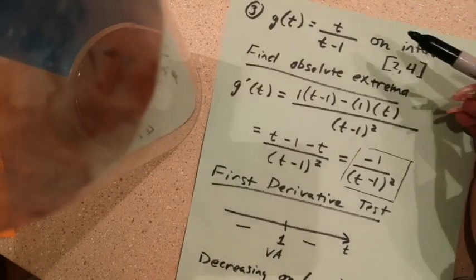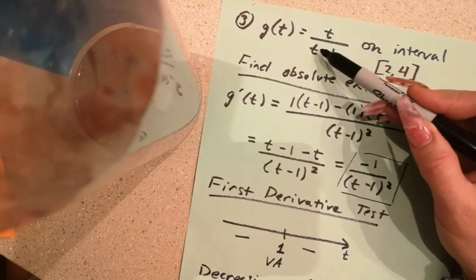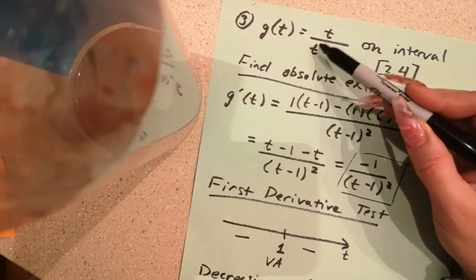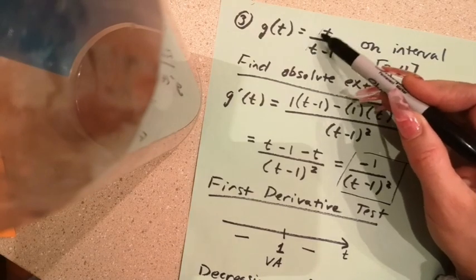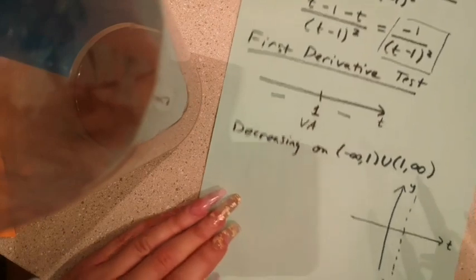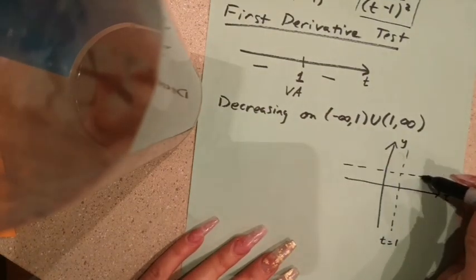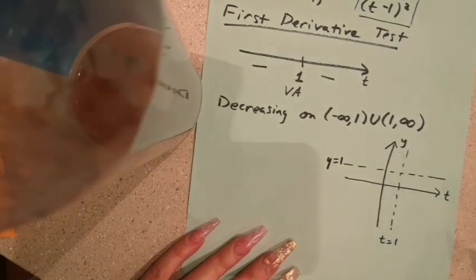Now remember, we talked about finding the horizontal asymptote. I look at the degrees, the leading terms. See how I have t over t? The t's would just cancel out and leave me 1. So my horizontal asymptote would also be 1, y = 1.